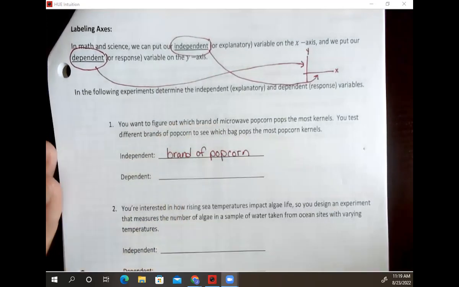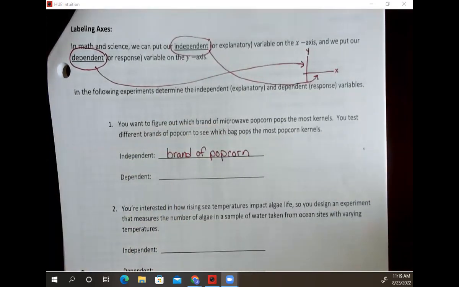When I get home, I throw a bag in the microwave, pop it, and then see how many kernels are left. Okay, so I picked the brand of popcorn. The thing that I'm then measuring is how many kernels are left, or how many kernels popped, depending on how I'm going to run that experiment, depending on the data I'm going to collect. So I'm not in charge of that.